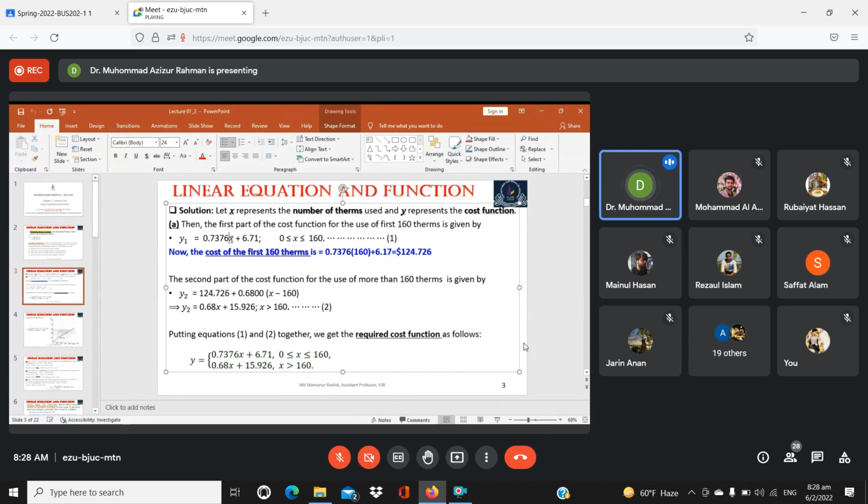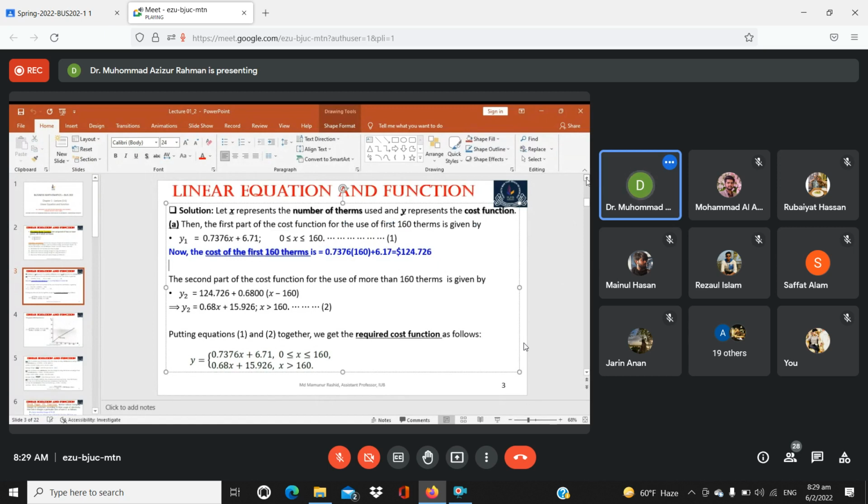You can put x equals 160 here. Then we get a total cost of 124.726 for 160 therms. So we find the cost of the first 160 therms.